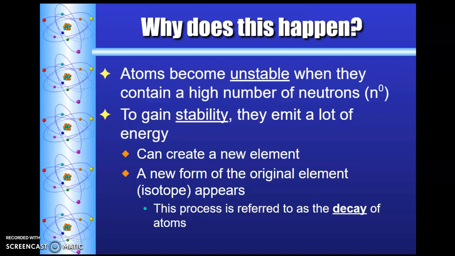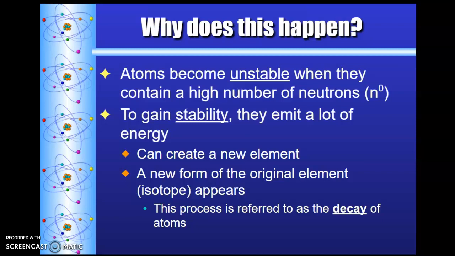And what happens is the atom will start to try to become stable, and when it becomes stable, it releases radiation in that process, and it goes through something we call nuclear decay. It's trying to become stable. So basically, the nucleus is crowded, way too many neutrons, and so it emits radiation in that process to become stable. Okay?